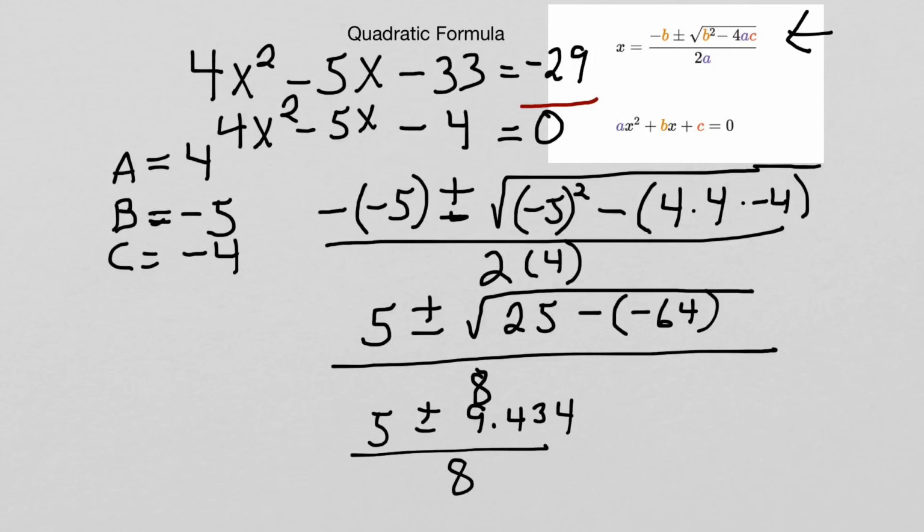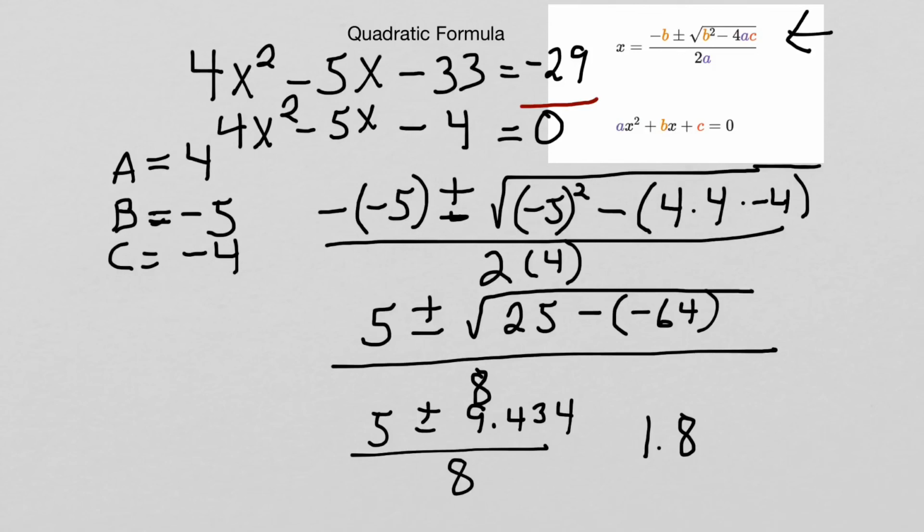All right, at the finish line on this, we got to do our two math problems. We got to do 5 plus 9.434 divided by 8, then 5 minus 9.434 divided by 8. So the first one, 5 plus 9.434, we get 14.434 divided by 8. You do that and you're going to get 1.8.